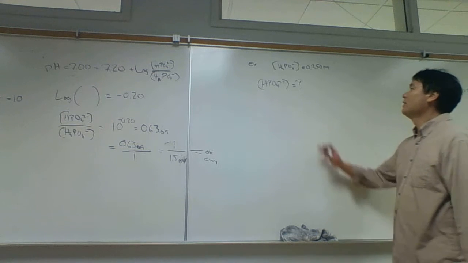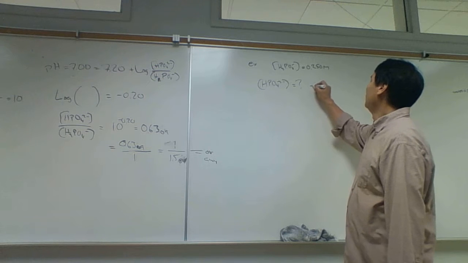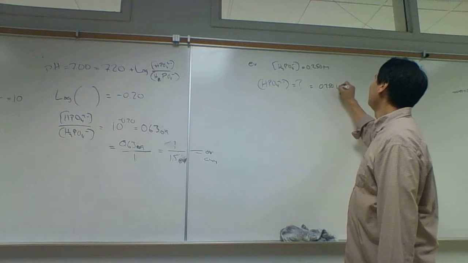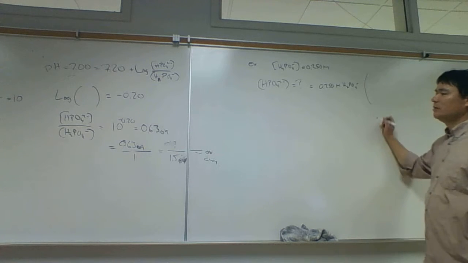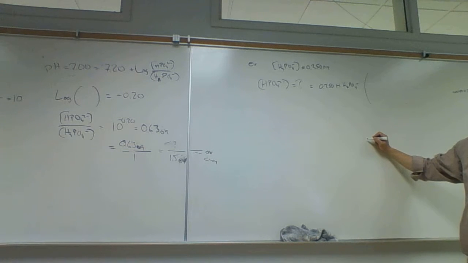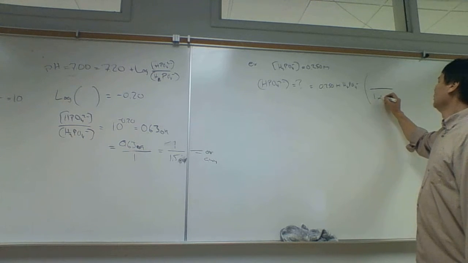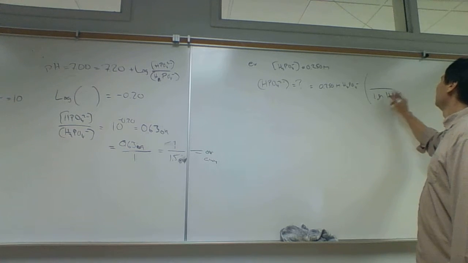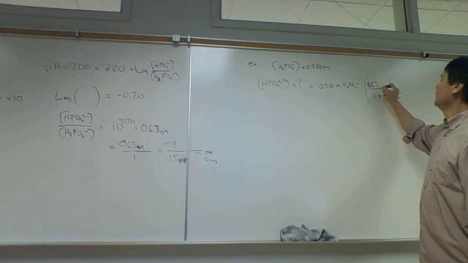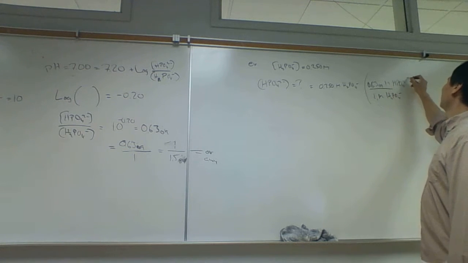Well, I just have to have that ratio. And so in order to figure out the base concentration, I would just start off with 0.250 molar H2PO4 minus, and then I know the ratio. For every 1 molar H2PO4 minus, I need 0.6309 molar HPO4 2 minus.